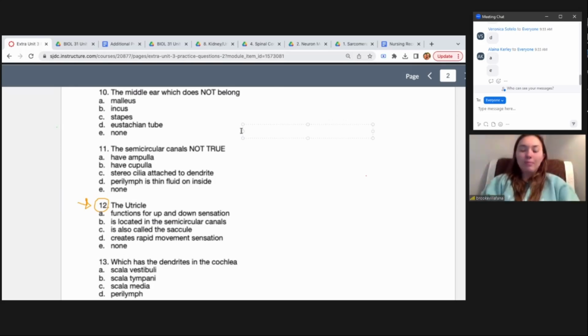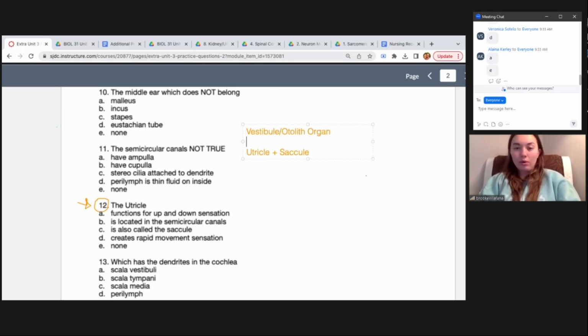All right, so remember the utricle and the saccule are both a part of the vestibule or the otolith organ. The vestibule is the organ that creates rapid movement or roller coaster sensation. So that would be the function, to create rapid movement or roller coaster sensation.